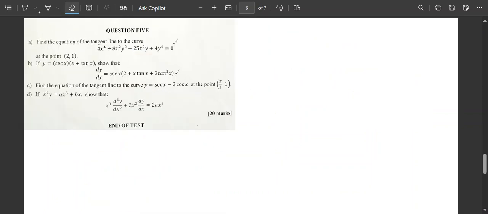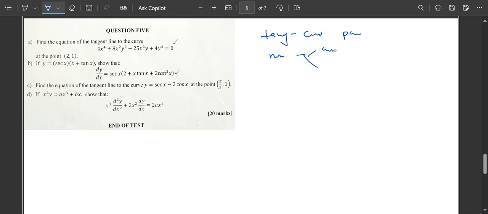Okay, so let's do the last question. Find the equation of the tangent line to the curve. When you have tangent to the curve, the gradient should be parallel, not perpendicular. But whenever normal is involved, normal to curve or normal to tangent, just know that the gradient will be perpendicular.